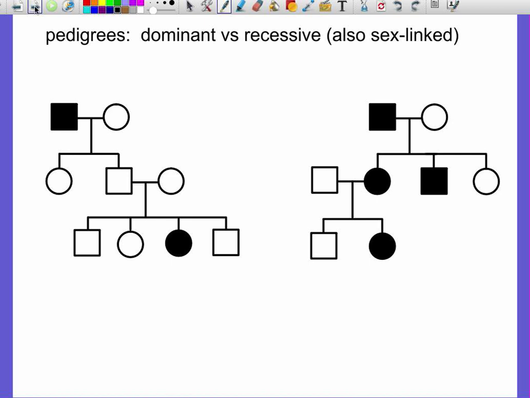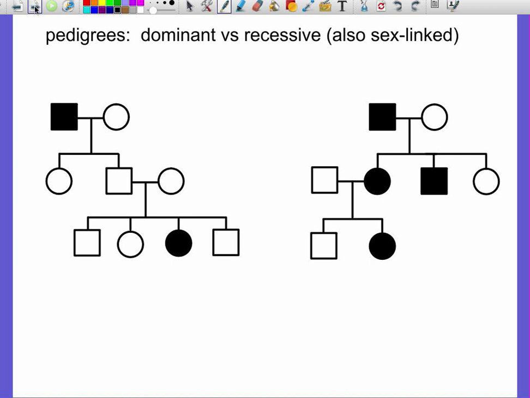But this first pedigree on the left is going to represent a recessive trait. And we know that automatically because it skips a generation. The filled-in individuals are affected by this trait or have this trait, depending on what it is. I might say affected by this trait if it's a disease or a disorder.